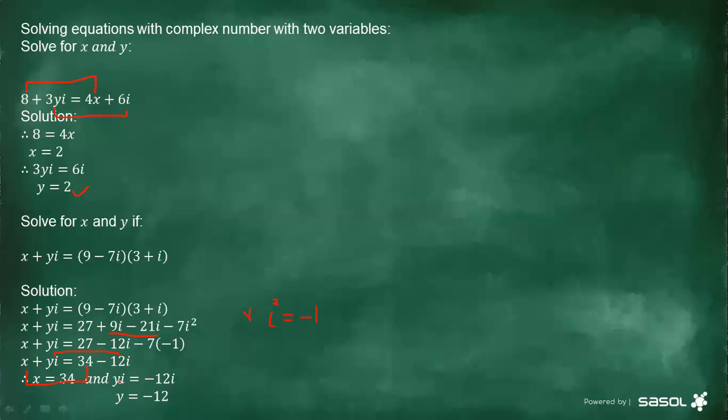All right, but sometimes they write solve the value of a and b, not x and y. It's not always the case that it must be x and y. It can be two variables, but the procedure is still the same. You just equate those that do not have i, and then those that have i. Then you can solve everything.